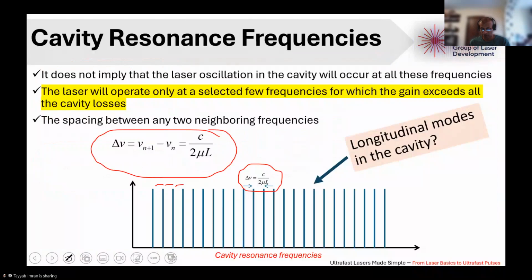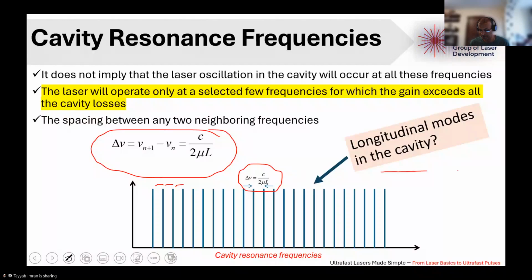What we call these frequency separation lines, we call modes. Longitudinal modes. Why is it longitudinal? Longitudinal means it is along the length of the cavity.